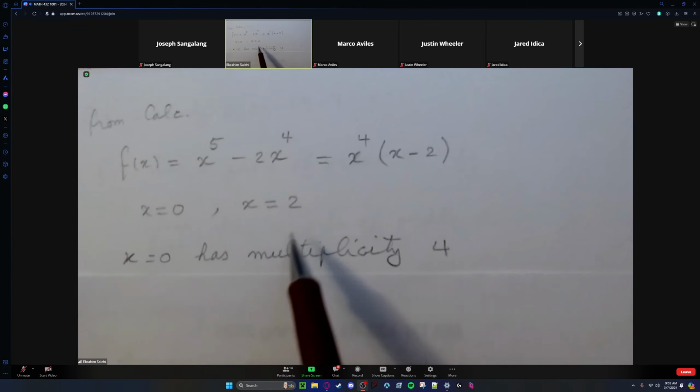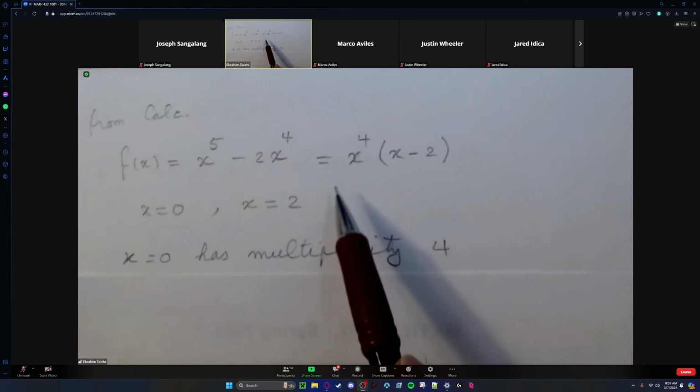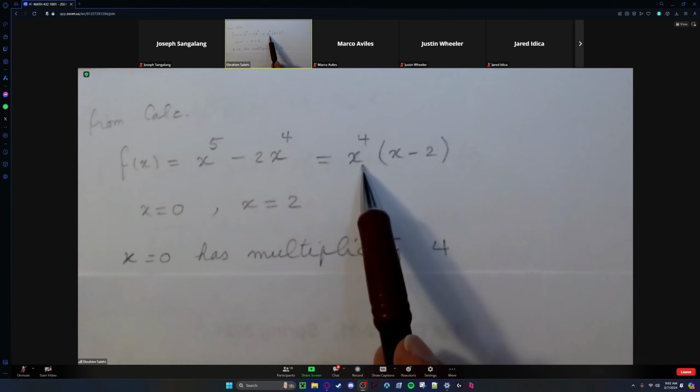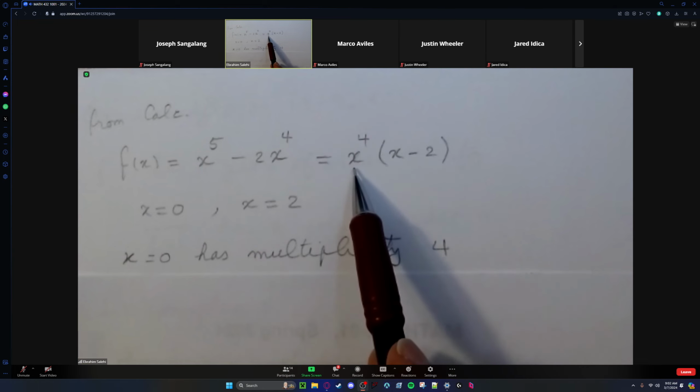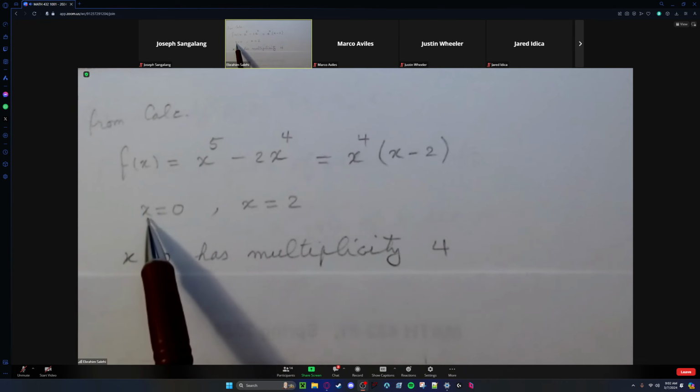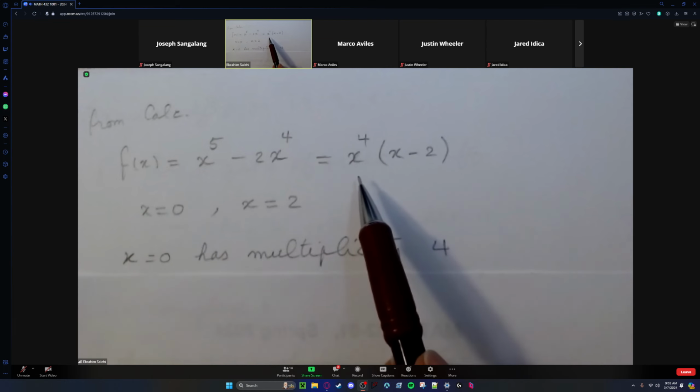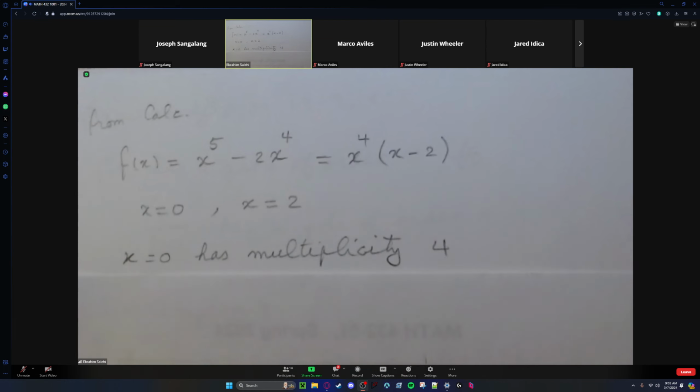So in here, because you have x to the 4, x equals 0 is a zero. We say its multiplicity is 4.